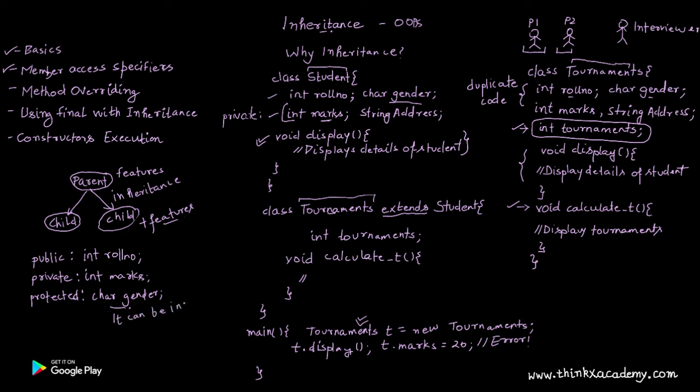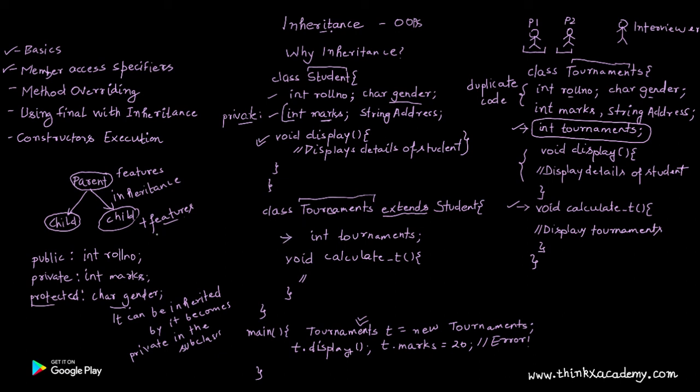So if you have made any particular member protected, it can be inherited, but it becomes private in the subclass. So if you declare any variable using the protected member access specifier or the visibility mode protected, then you cannot use that variable outside this class, that is actually private also, but you can inherit this variable in this subclass.